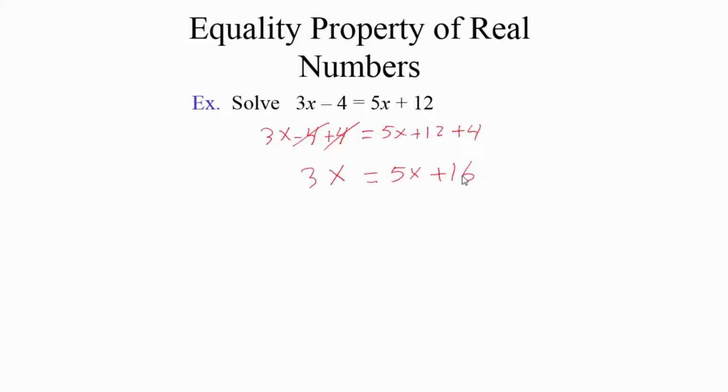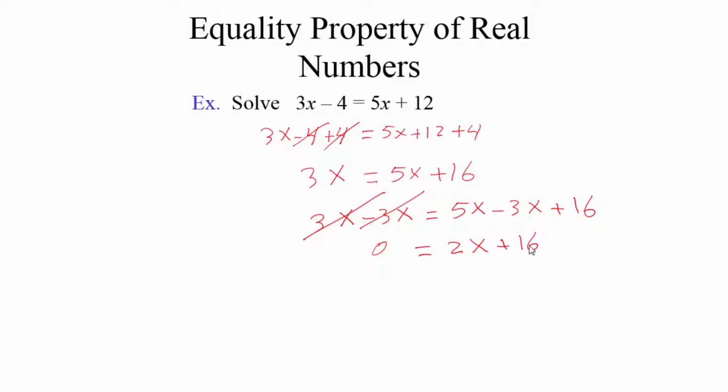Okay? Now, subtract 3x from both sides. 3x minus 3x equal 5x minus 3x plus 16. 3x minus 3x is 0 equal 5x minus 3x would be 2x plus 16.